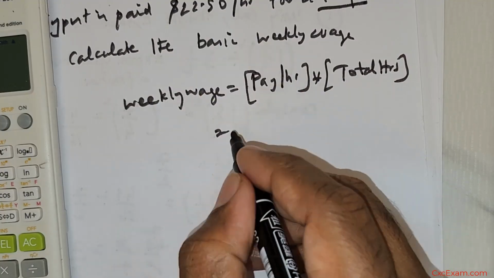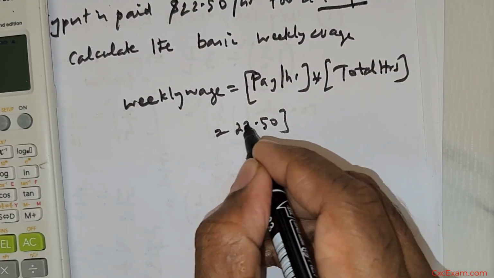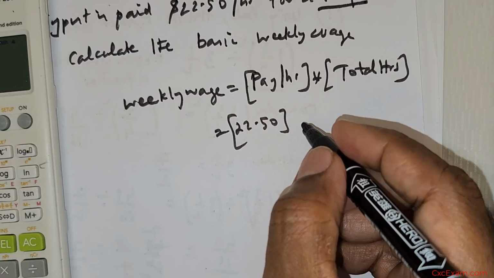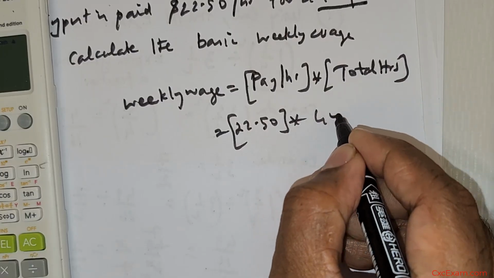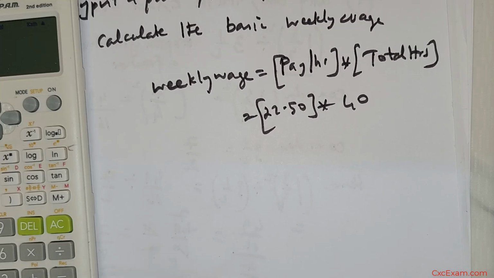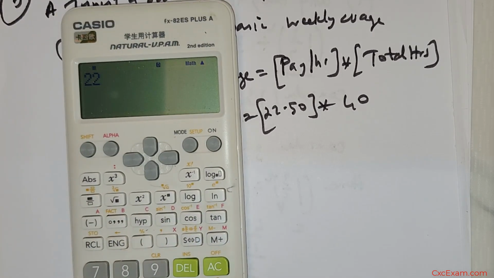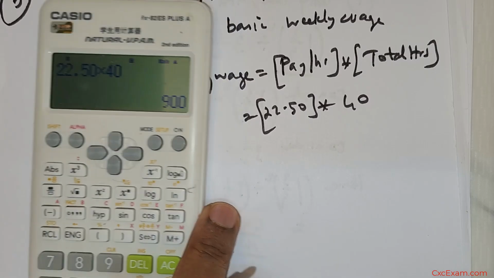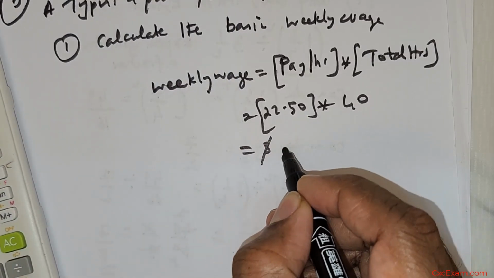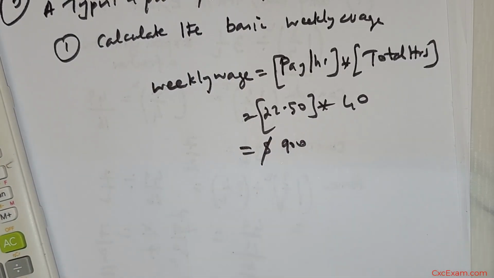She is being paid 22.50 for 1 hour, and in total 40 hours she has to work. So 22.50 times 40, 900. So she is getting paid $900.